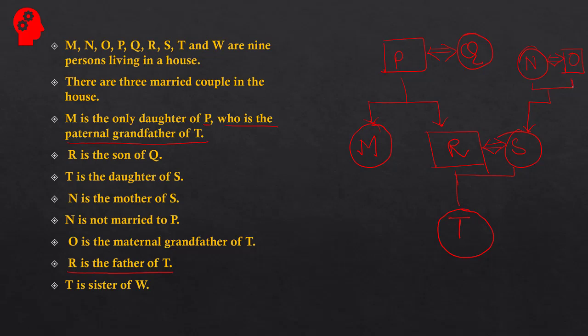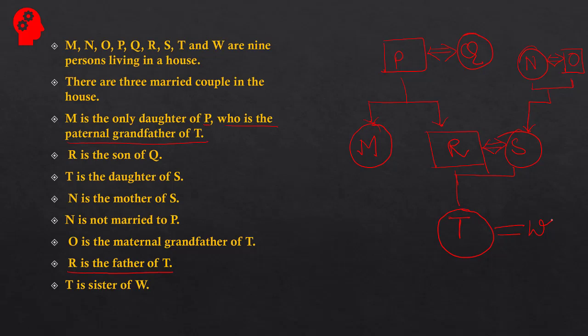T is the sister of W. So now we have plotted all 9 members of this family. We can see we have got 3 married couples here, P and Q, N and O, R and S.